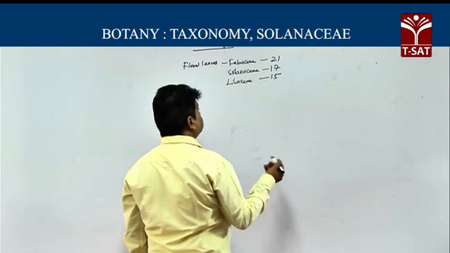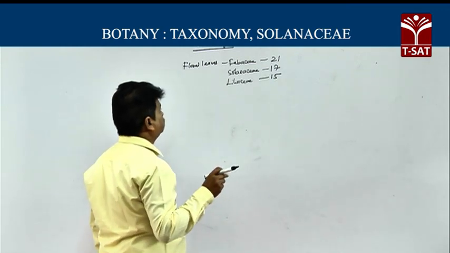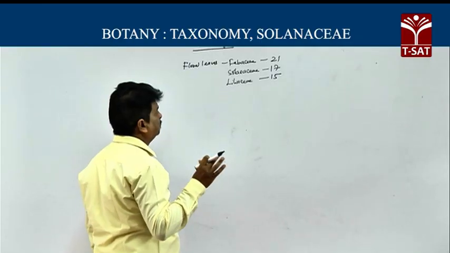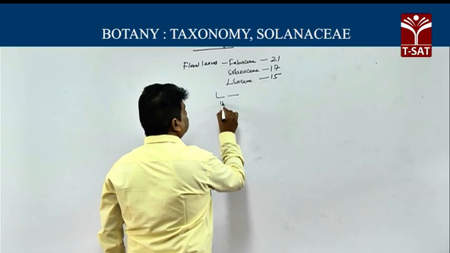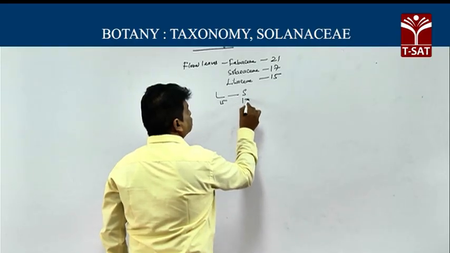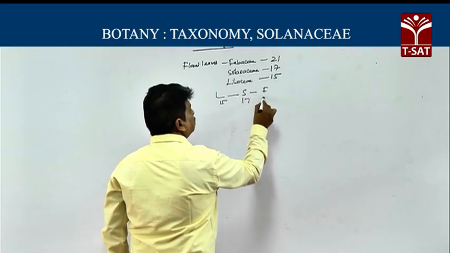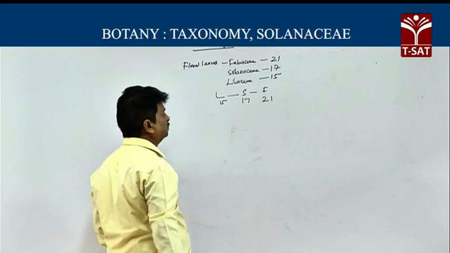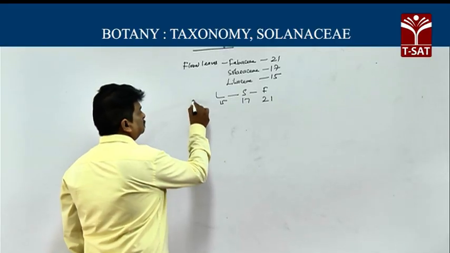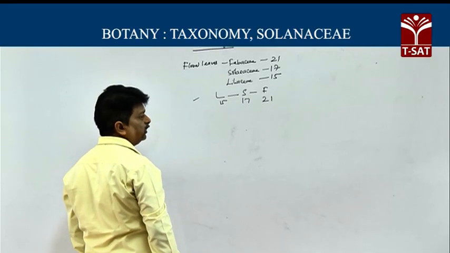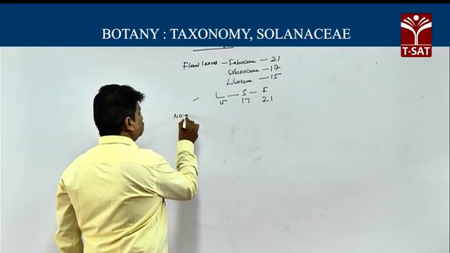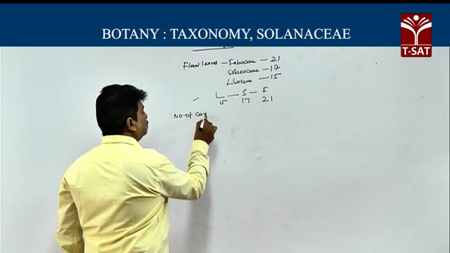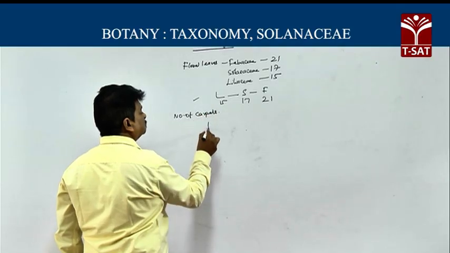So, if the question is based on floral leaves, arrange the 3 families in ascending order. First Liliaceae 15, then Solanaceae 17, then Fabaceae 21. Then next one, arrange the 3 families based on number of carpels.